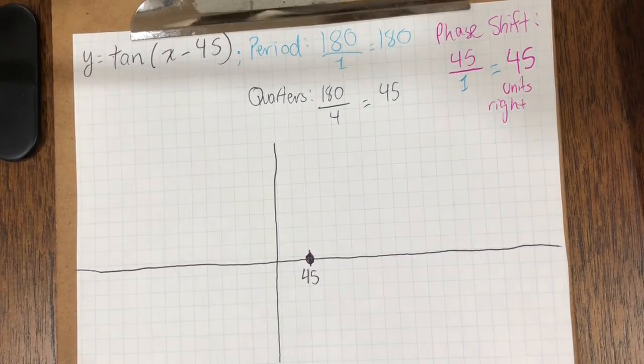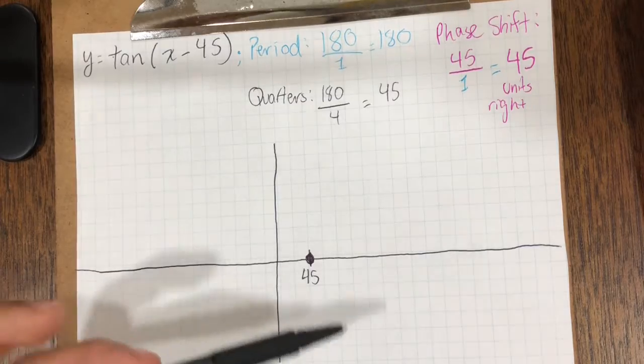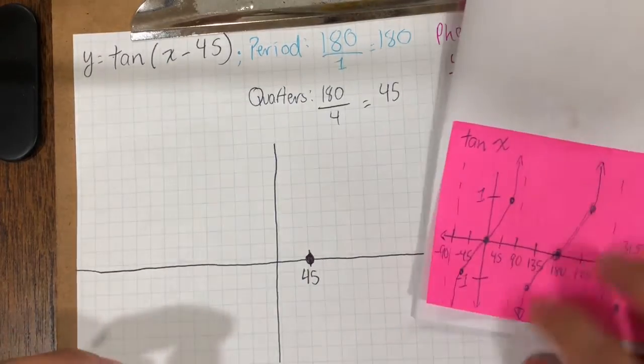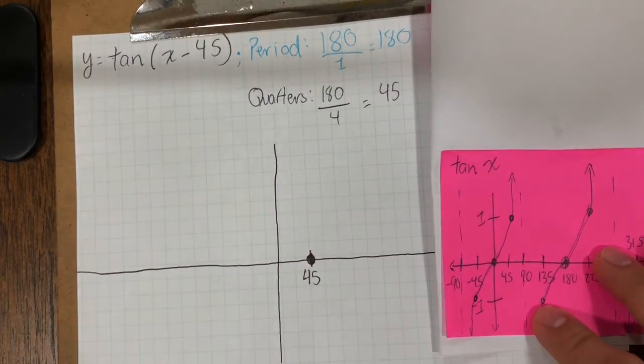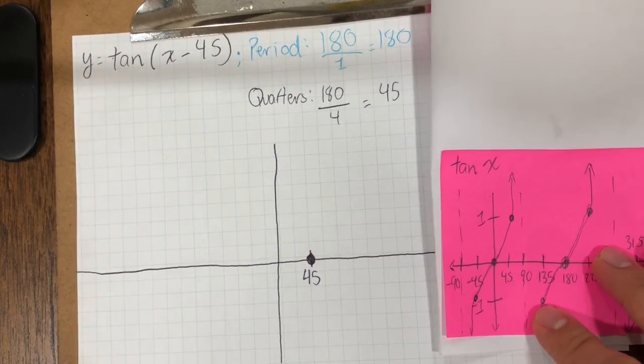If you recall, for each tangent graph, we have two vertical asymptotes. So we have to figure out what the two vertical asymptotes are.